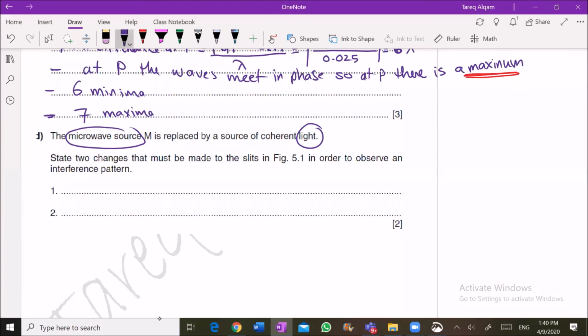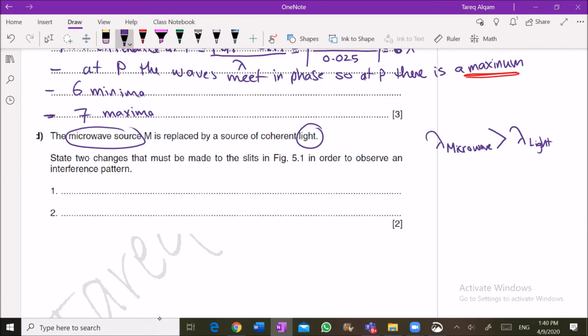This means that, as you know, the microwave wavelength is more than the wavelength of the light, right? How did we know it's more? We have to memorize this stuff, we said it, right? In the electromagnetic spectrum, the wavelength of the microwave will be greater than the wavelength of the light.